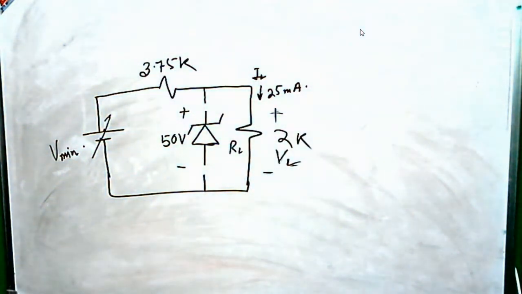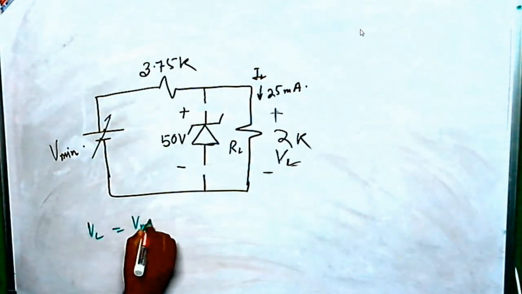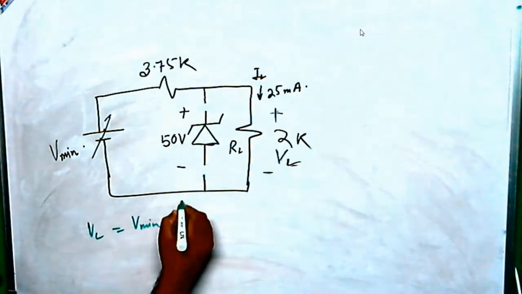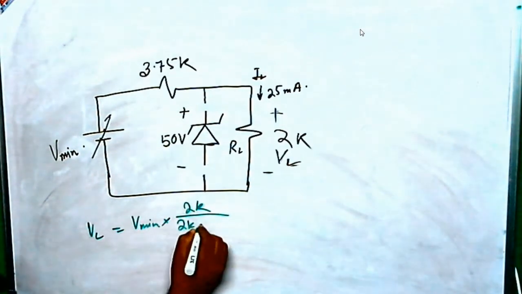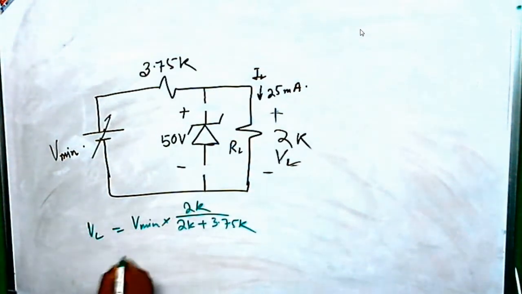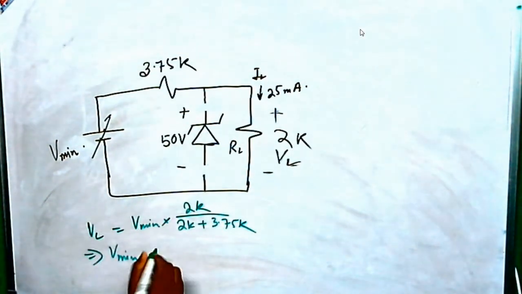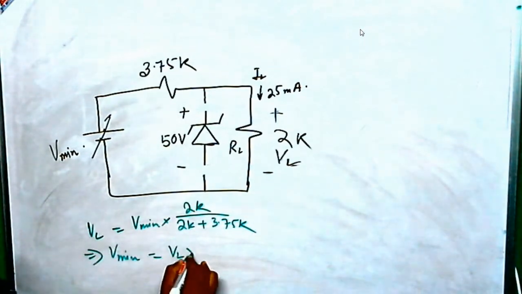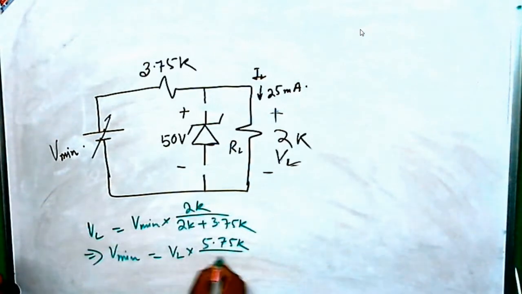Okay, so let us assume this particular voltage across this load is VL. You can calculate VL as V minimum into 2K divided by 2K plus 3.75K. So you can write V minimum is VL into 5.75K divided by 2K.